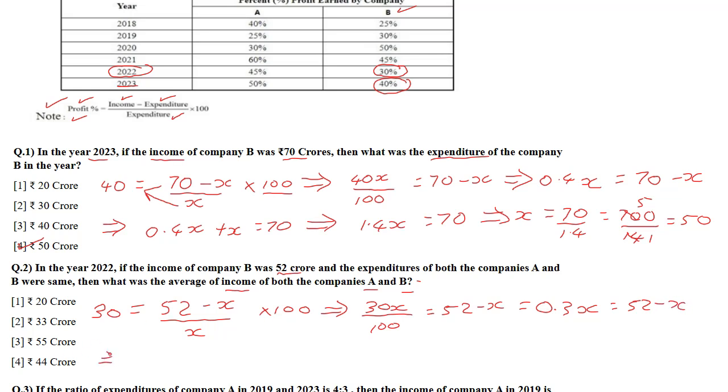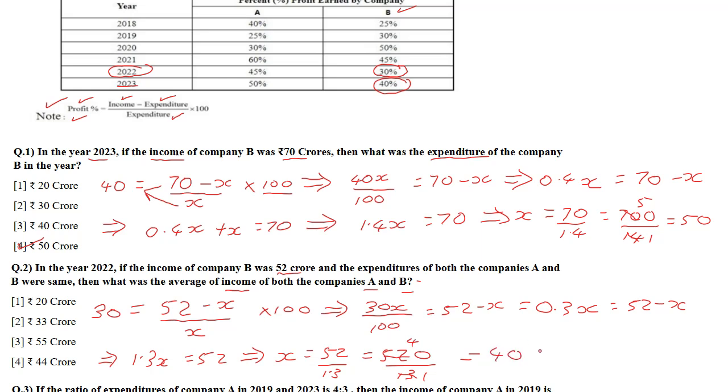Further simplifying, this minus x goes that side, becomes plus x. And therefore it is now going to be 1.3x is equal to 52, and x will be equal to 52 upon 1.3, which is 520 upon 13, and 13 ones are 13, fours are 52.